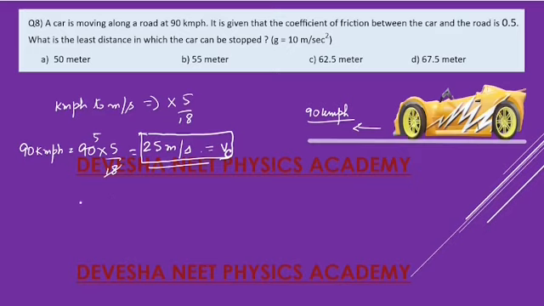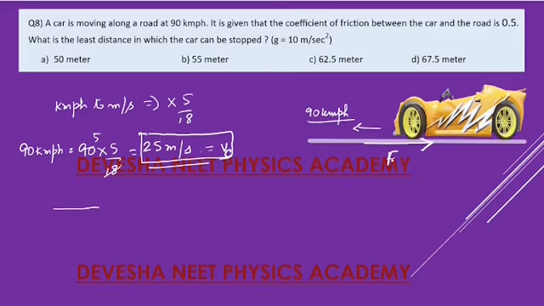Now when the car is moving in the forward direction, obviously there is a friction acting against the car in this direction. We all know that there will be a friction acting against this.